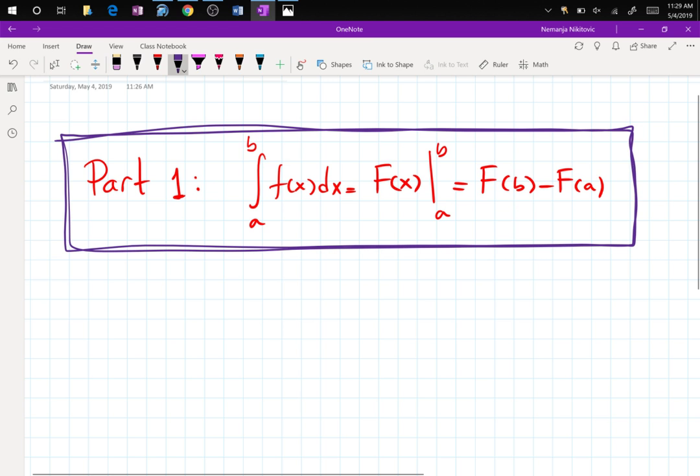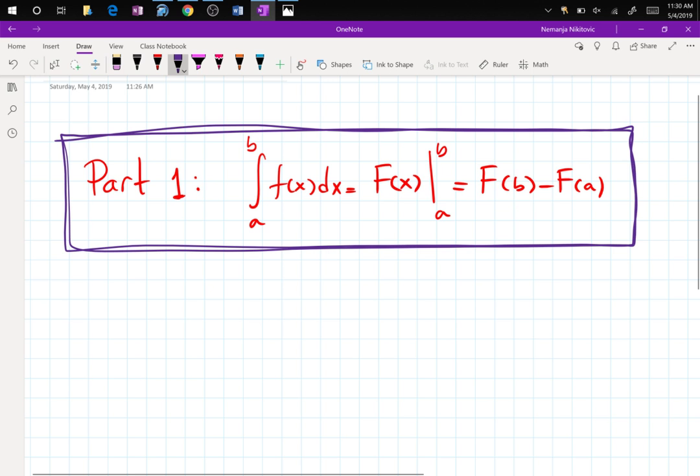And in this formula, what is important is to understand that this particular integral can give you area under the curve as long as the function is always positive. If the function is negative on any of the intervals, you have to use the absolute value around the negative part so that you can get the correct area.